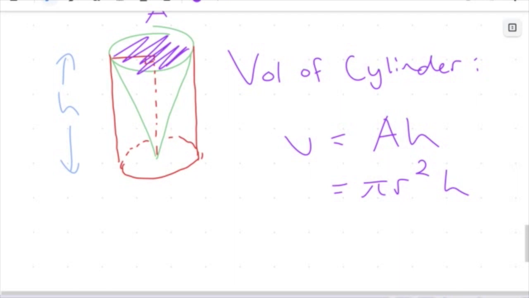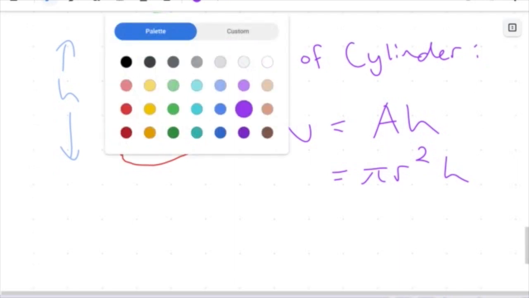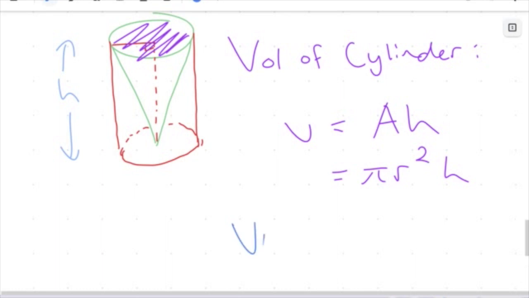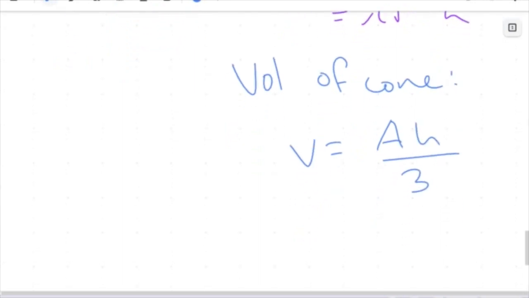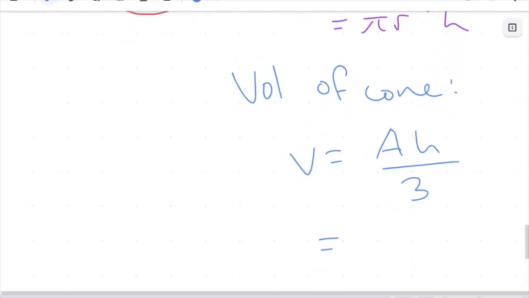The volume of my cone with those same dimensions is just going to be my cross-sectional area times the height divided by 3, or pi r squared times the height divided by 3. So that is how we can come up with the formulas for volumes of pyramids and cones.